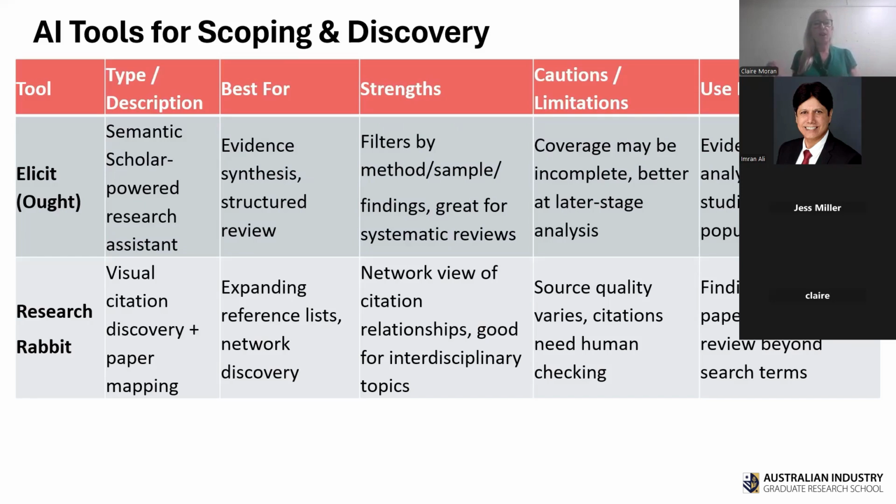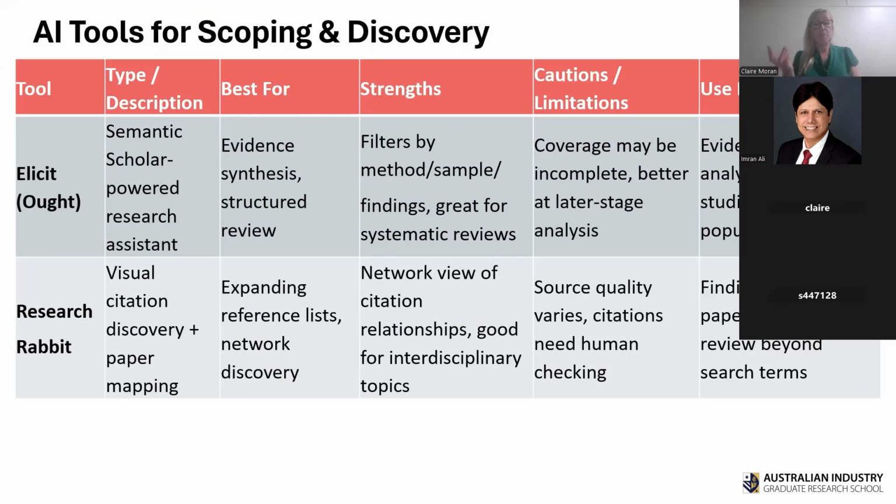Elicit is not great for broader debate mapping. If you're doing that kind of broader debate mapping, Perplexity or ChatGPT would be really useful. Elicit is for when we have that focused topic and we want to zoom in.